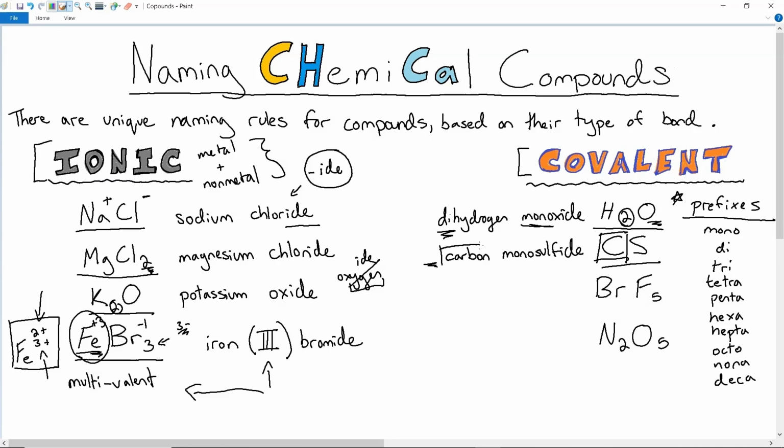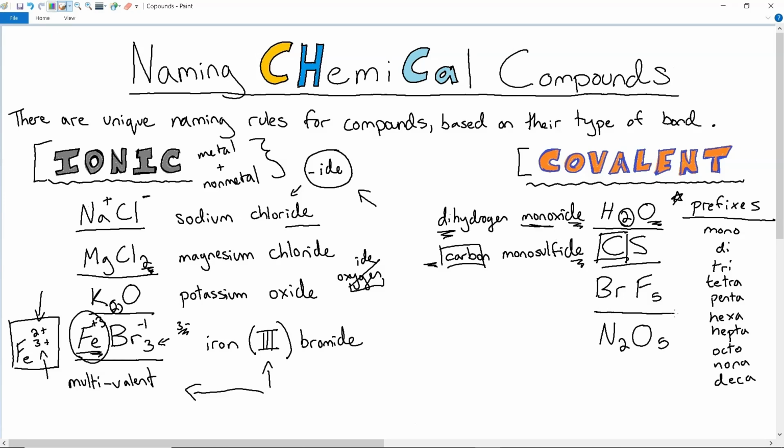So we just say carbon monosulfide. And you'll notice that we are still using the same suffix that we were using back here. So what we've added in this covalent scenario are these prefixes for the number of atoms. That's the main difference.